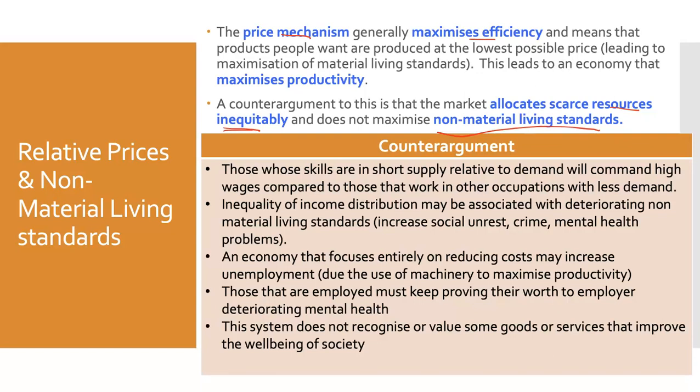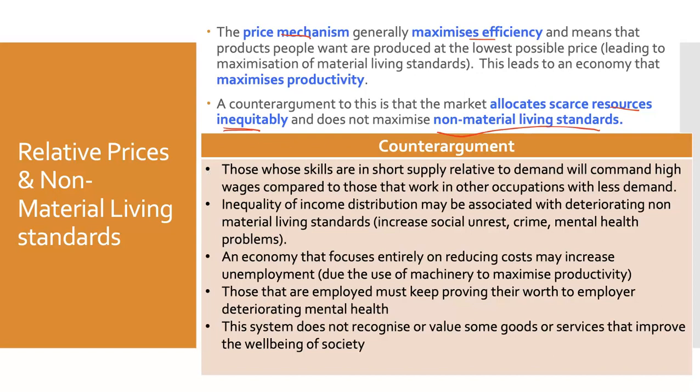What does this mean? Examples include those whose skills are in short supply relative to demand will get high wages and improve their living standards, but that's going to be inequitable because people with occupations with less demand will not have higher wages. They will not get the benefit.